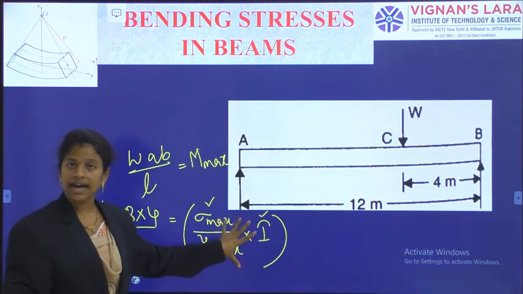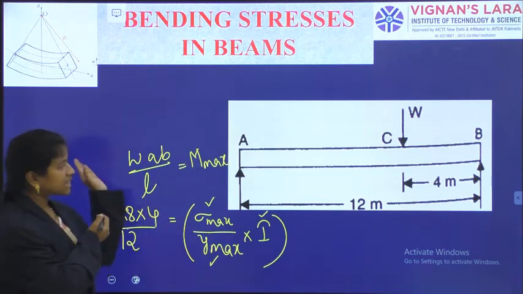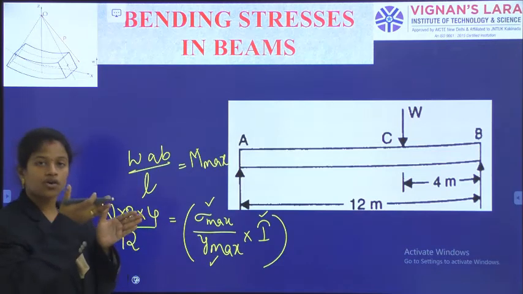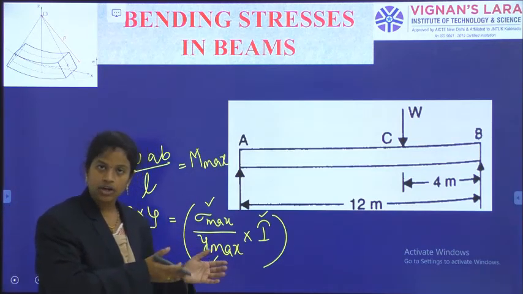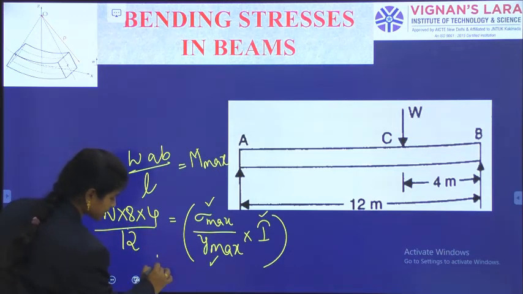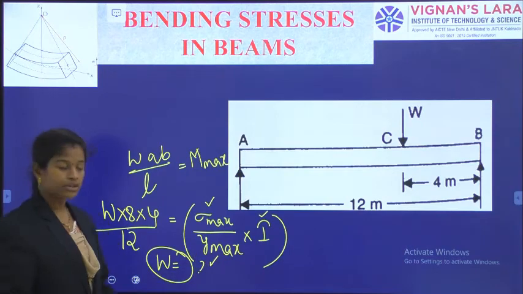Involving all these things, I have got the right hand side from the previous step. Now, using this condition, the moment of resistance offered by the section is equal to the maximum bending moment applied on the beam. So from this condition we have got W. This is the answer for W.